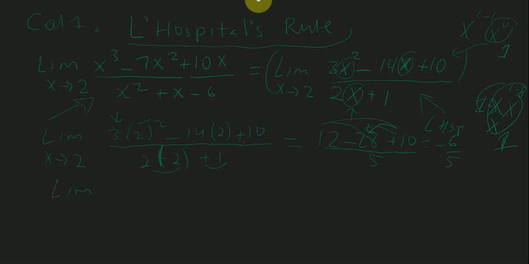So the final answer: the limit as x approaches 2 of 3x squared minus 14x plus 10 all over 2x plus 1 equals negative 6 over 5. That's the final answer, and this is how you do L'Hospital.